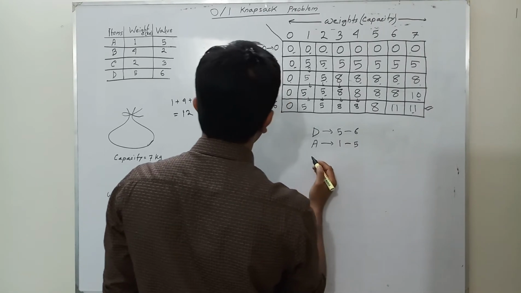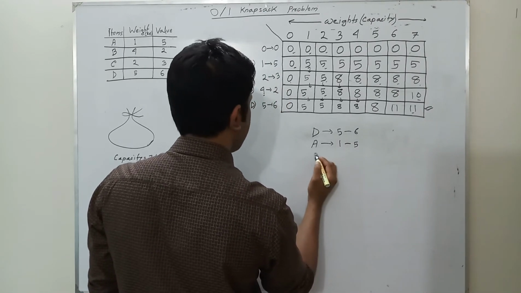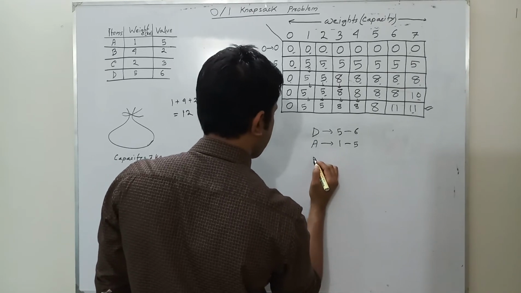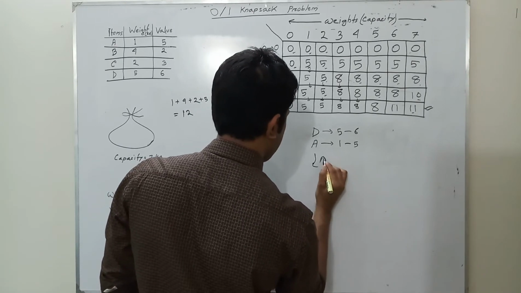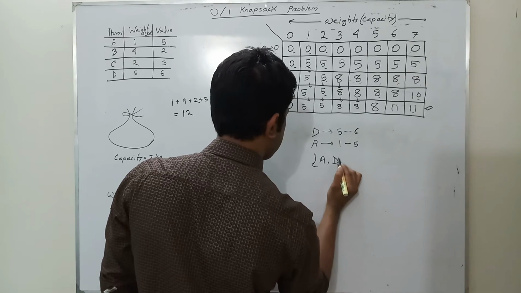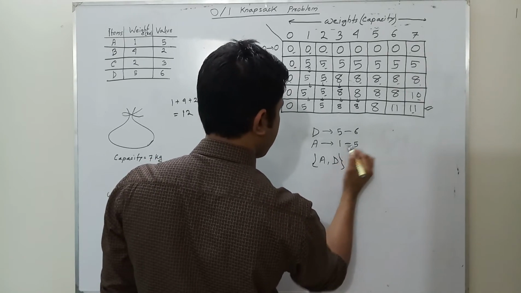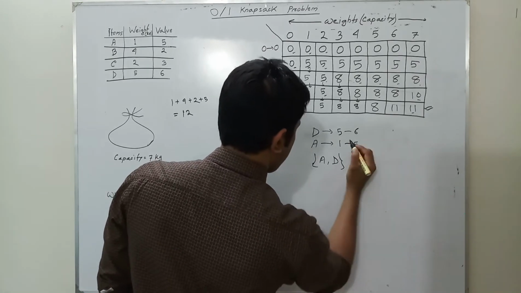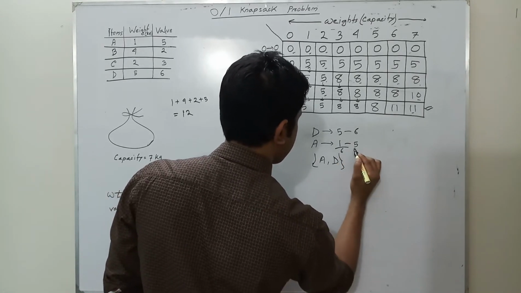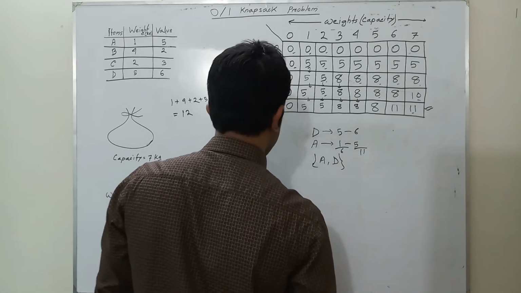So the set will be used A and D. For A and D, the weight is 6 and the maximum obtainable value is 11.